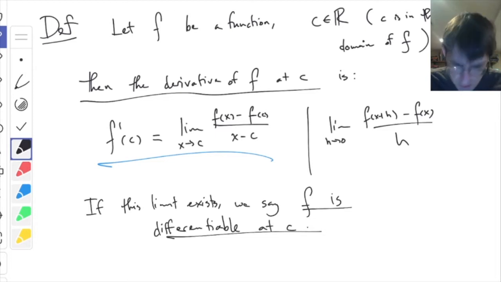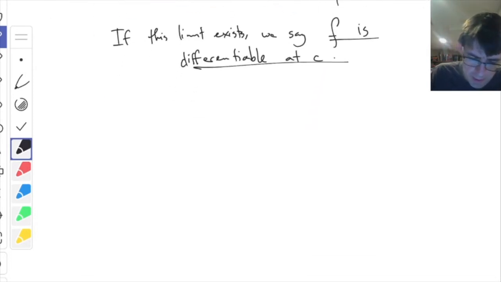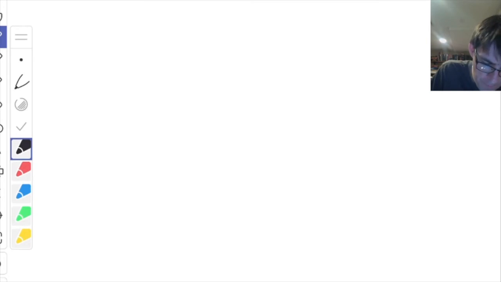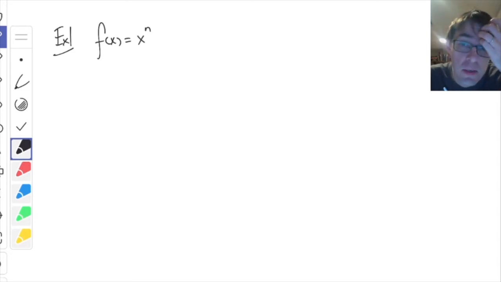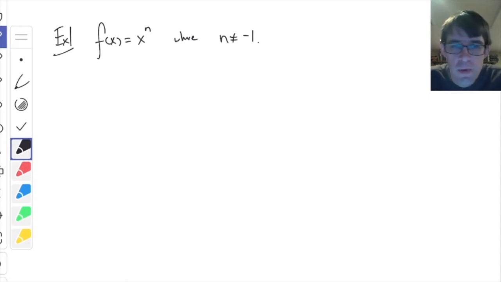Let's just real quick do a particular example. How about f of x equals x to the power n, where n is any number other than -1. If n equals -1, you get the natural log when you take the derivative.